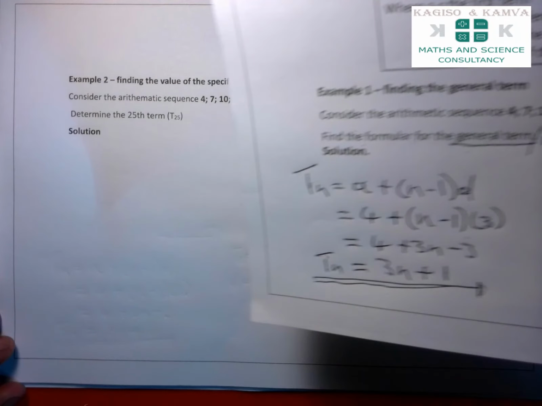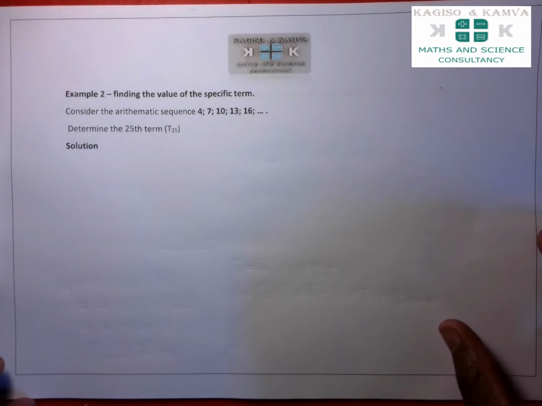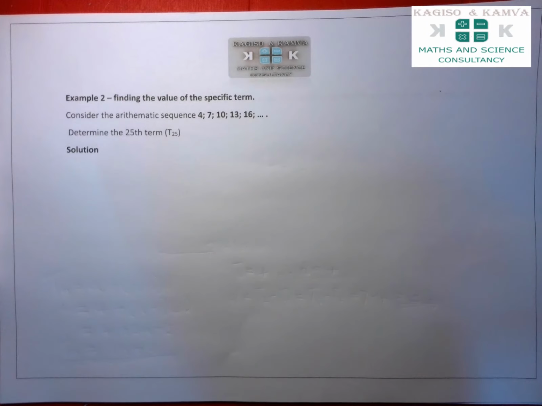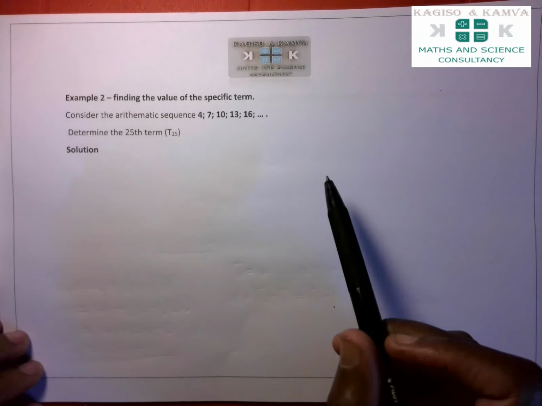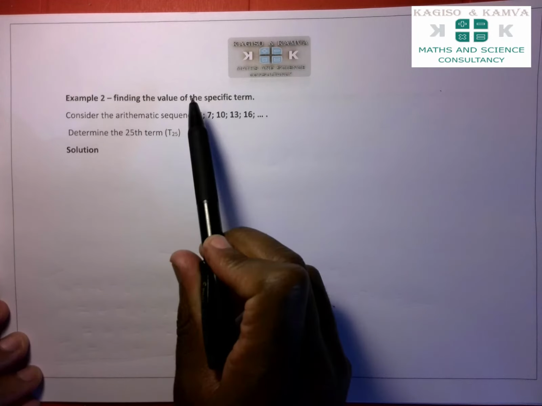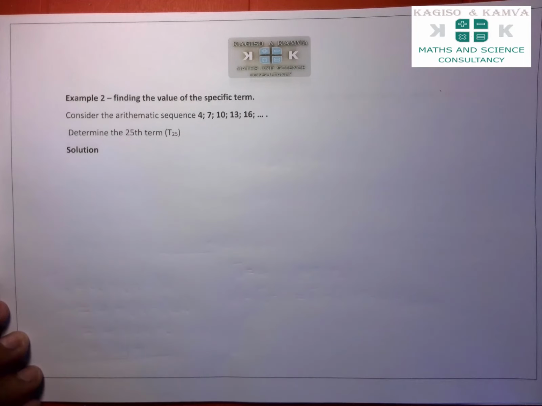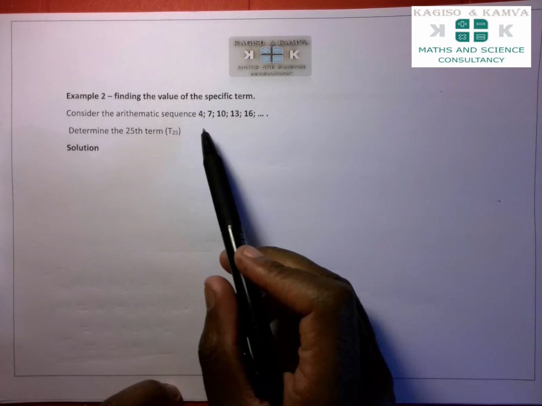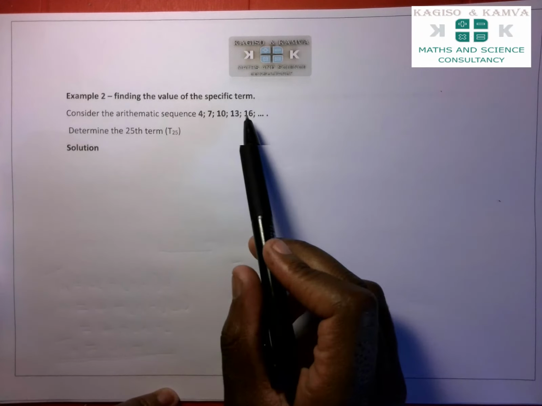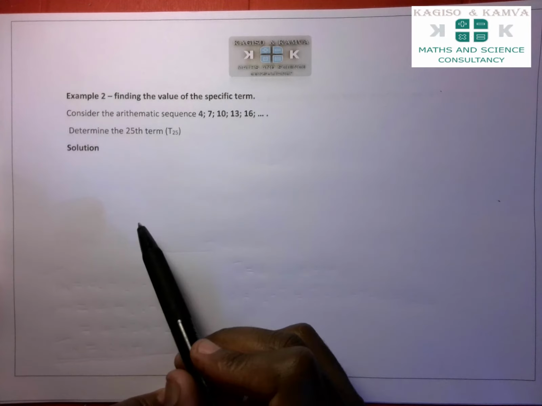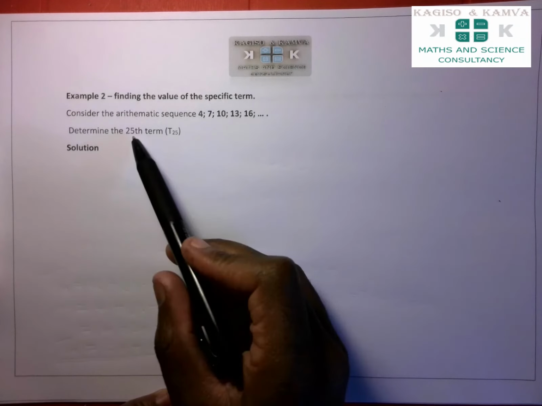Example 2, finding the value of a specific term. Like I said, for now we can determine the next two terms, we can find that. But for the 25th term, we cannot be adding 25 times.